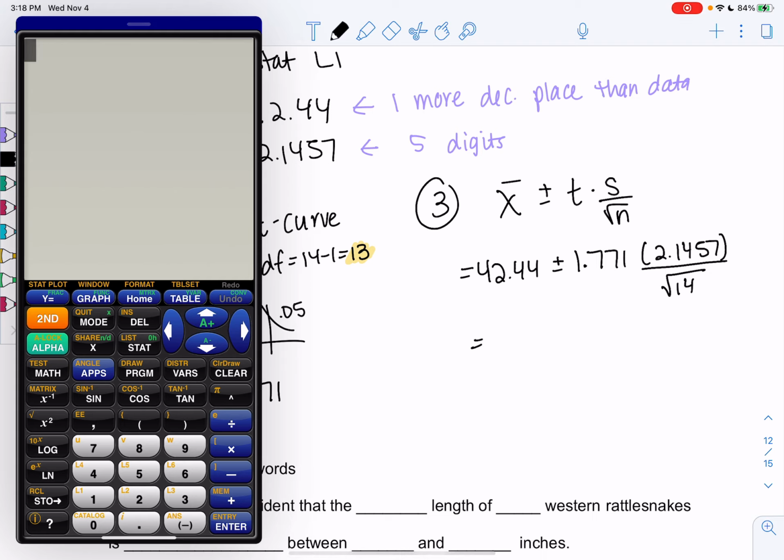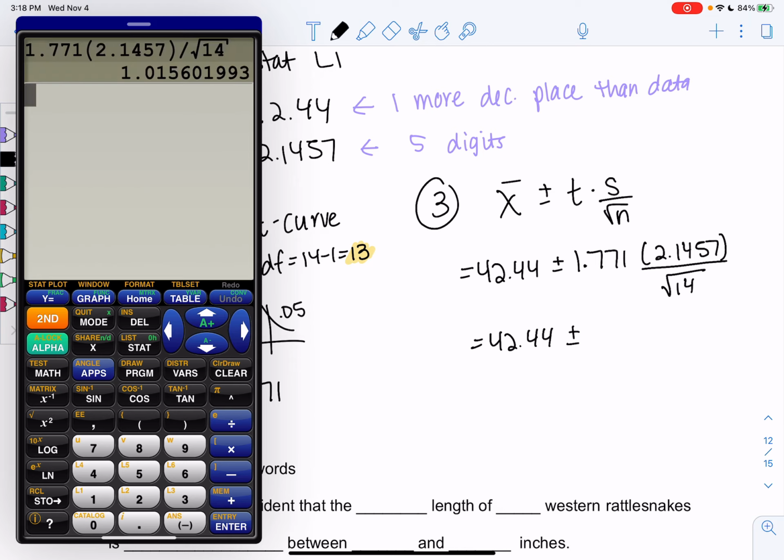So we will get 42.44 plus or minus, let's find that piece on the calculator. And I get plus or minus 1.02. 1.015 will round up to 1.02. I usually just do the same decimal places as the first part, make them match.